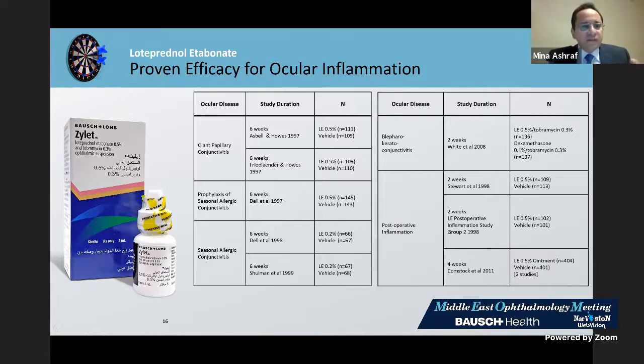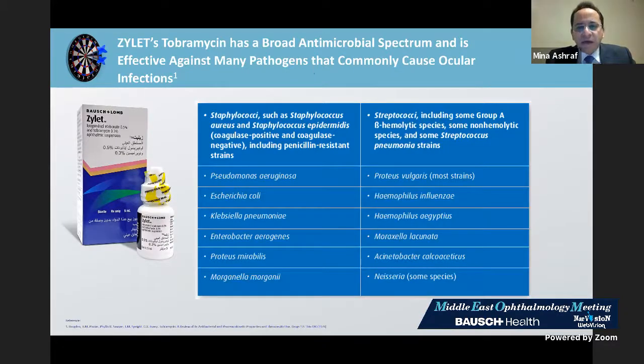So this is loteprednol etabonate, which is the primary component of Zylet. Zylet contains also, in addition to loteprednol etabonate, tobramycin, which has a broad-spectrum antimicrobial effect, and it's effective against many pathogens that commonly cause ocular infections. And we see here just examples of the pathogens that are susceptible to tobramycin.